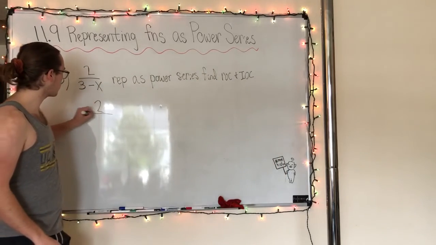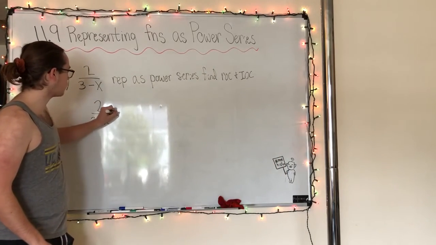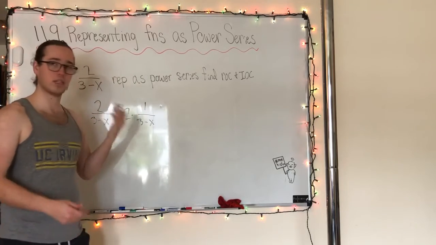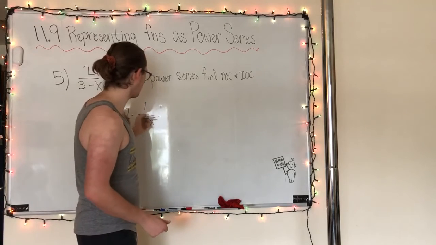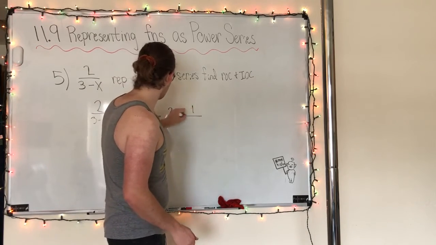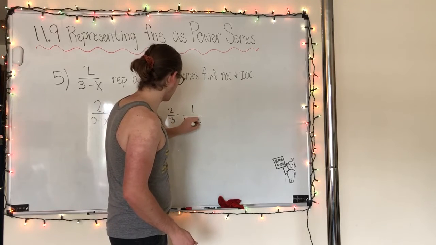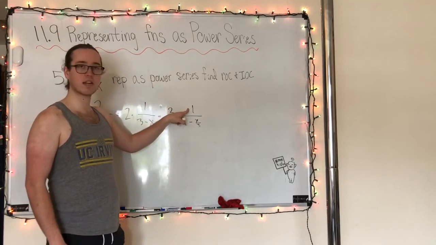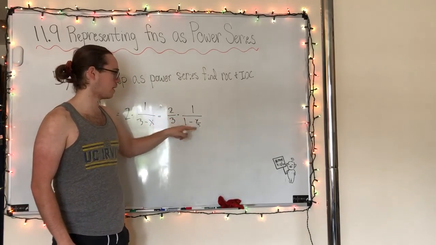Well, 2 over 3 minus x, that's equal to 2 times 1 over 3 minus x. We know that. And then we know this is actually going to be equal to 2 over 3 times 1 over 1 minus x over 3. And then we know the stuff of this form, 1 over 1 minus x over 3.